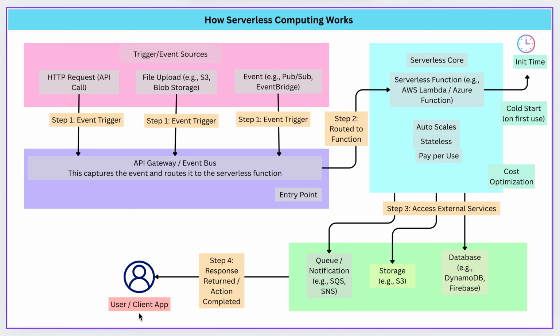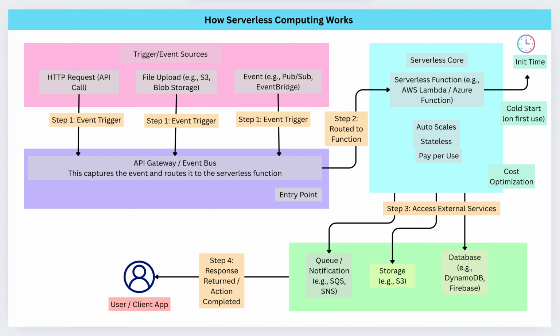Here we have the user or client app. This is the end user interface where your system outputs a result or delivers a response. The user might receive a confirmation, view processed data, or get notified via message. The client could be a web app, mobile app, or another system.